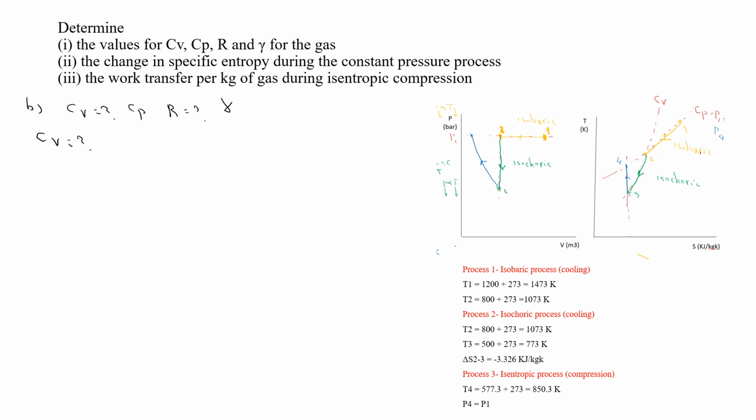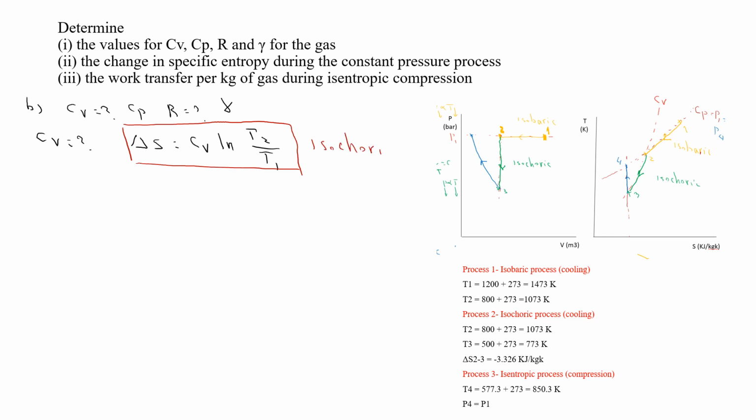To get the value for Cv, we start with the isochoric process, and we know that delta S is equal to Cv natural log of T2 over T1. So this is the formula for change in entropy for isochoric process.